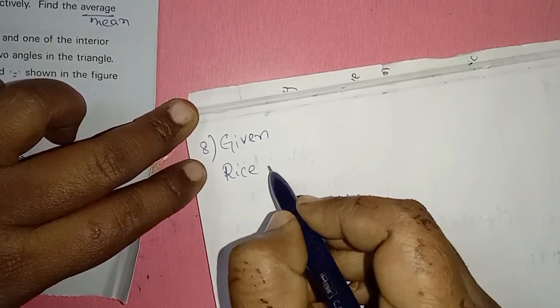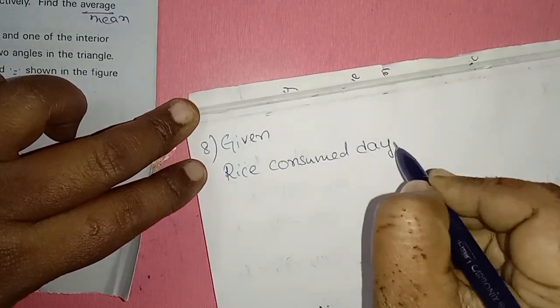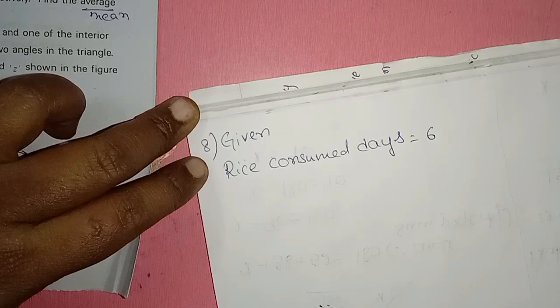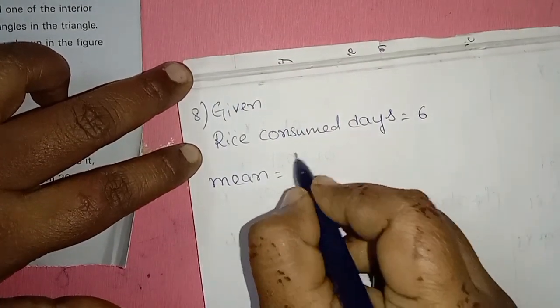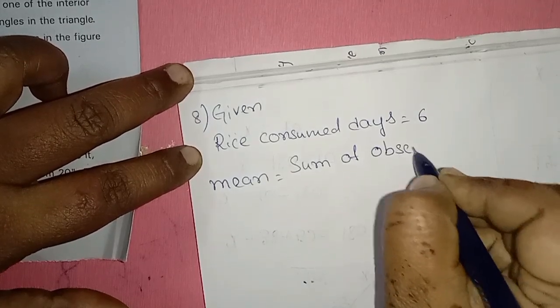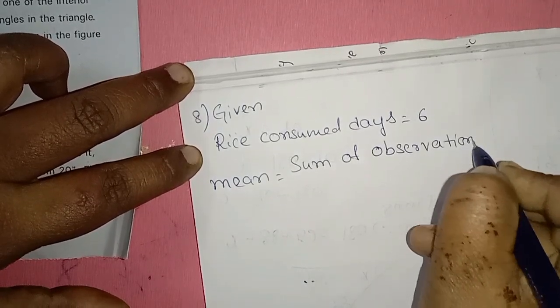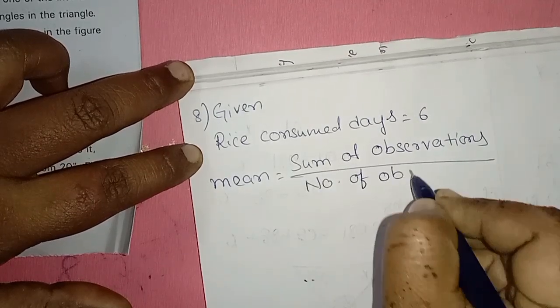I am simply writing rice consumed days equals 6. The remaining I am not writing. Directly I am writing my formula. Mean formula: sum of observations by number of observations.